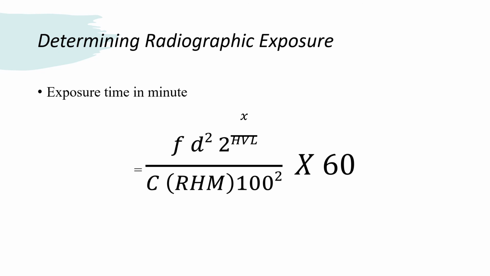D is the source to film distance in centimeters. C is the source strength in Curies. RHM is the radiation output, in Roentgen per hour per 1 Curie at 1 meter. So this is the equation by which the exposure time can be calculated.